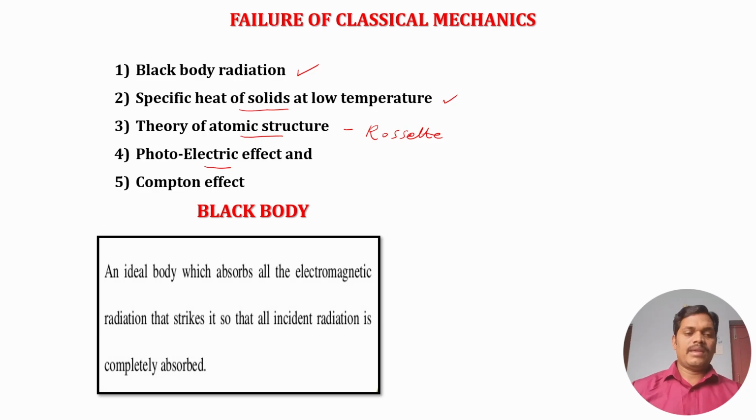See, if you take any metal, when electromagnetic waves of suitable frequency are incident on the metal, it can eject electrons. That is the photoelectric effect. And there are so many important phenomena related to it.